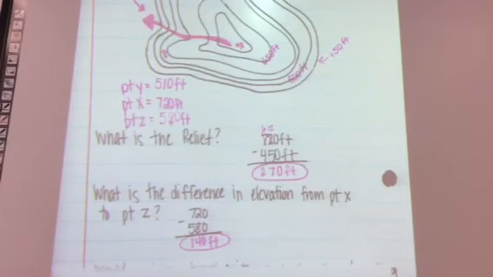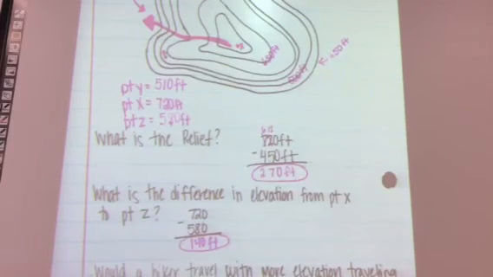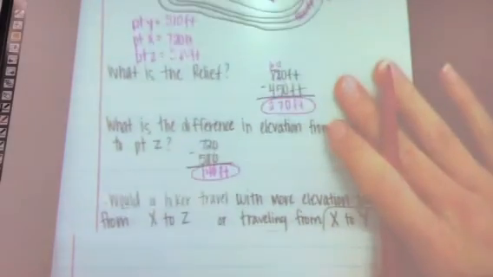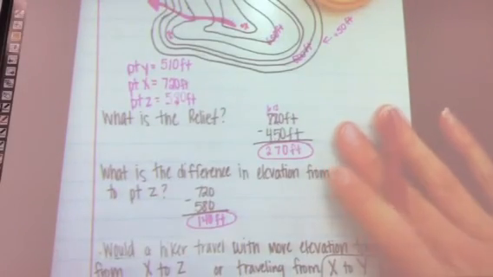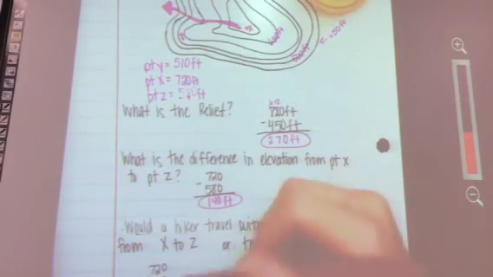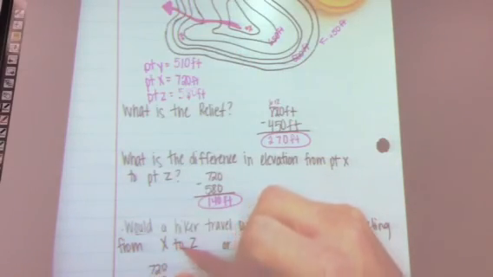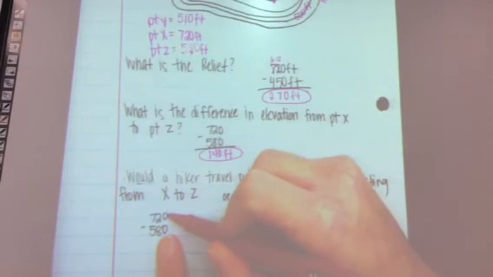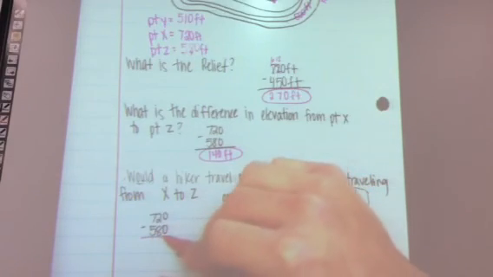Yes. Okay, next question says, would a hiker travel with more elevation traveling from point X to Z or traveling from point X to Y? You would have to basically say, okay, well, from X to Z, you're taking 720 minus 580.